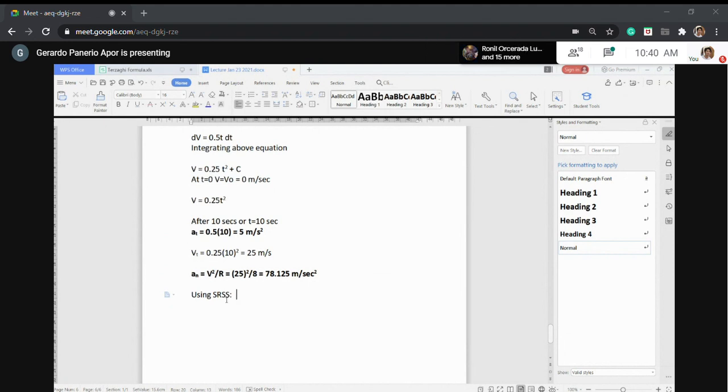The acceleration is equal to the square root of at squared plus an squared, or raised to the power of 0.5, equal to ... meter per second squared.